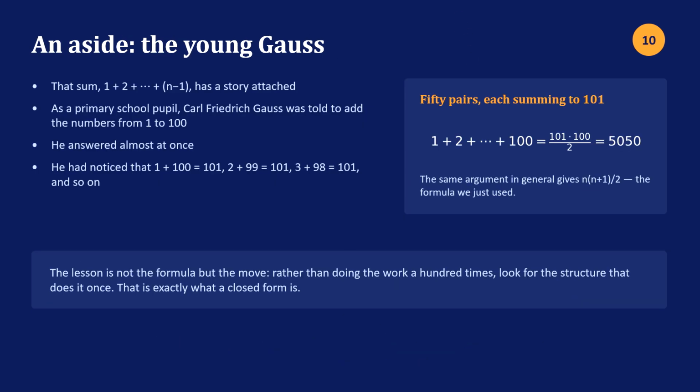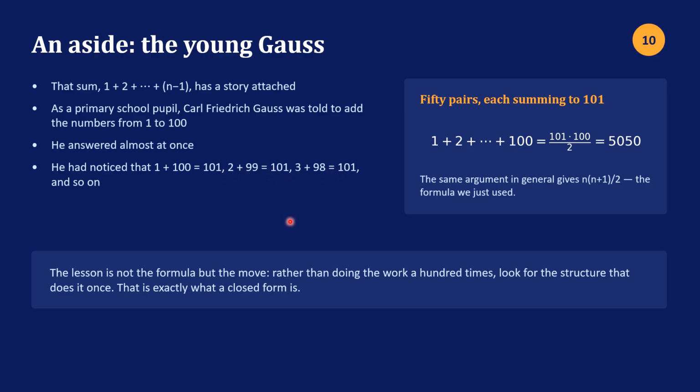I have a story about the famous mathematician Carl Friedrich Gauss. When he was a young student in grade school, the teacher asked the students to add all the numbers from 1 to 100 just to keep them busy for a while. And Gauss had the clever approach of adding 1 to 100, getting 101, and then 2 to 99 and getting 101, and so forth.